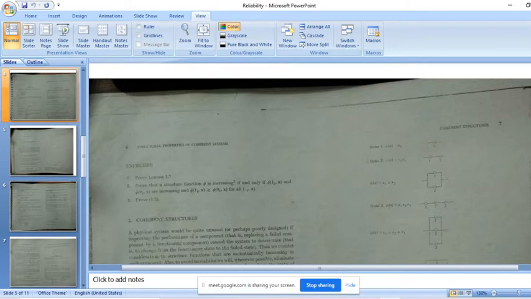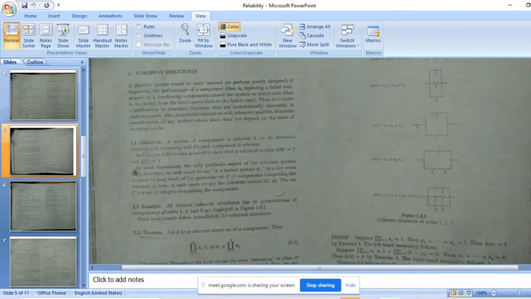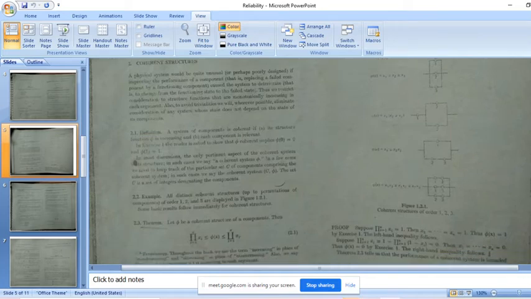Now we consider coherent systems. What type of systems are called coherent systems? A system is said to be coherent if all the components are relevant and phi is increasing. What does increasing mean?